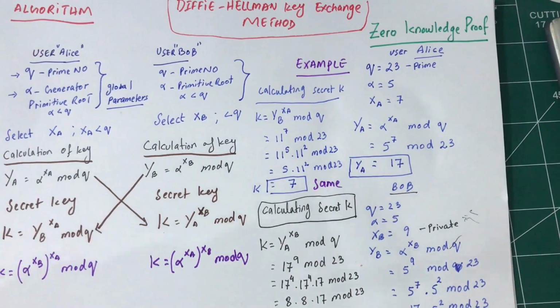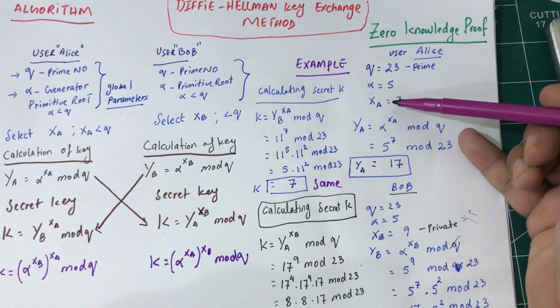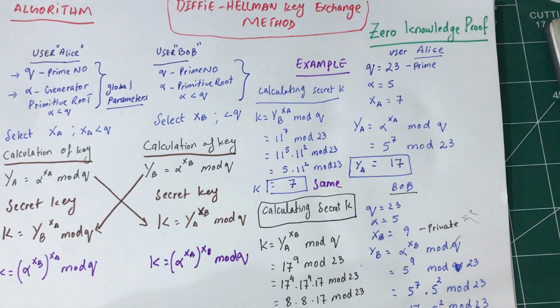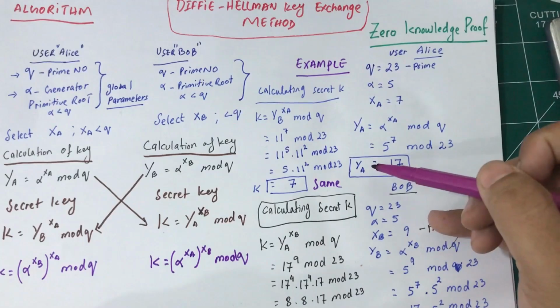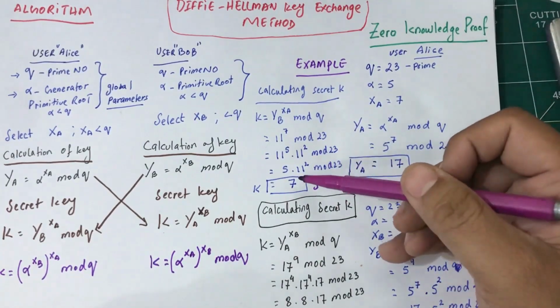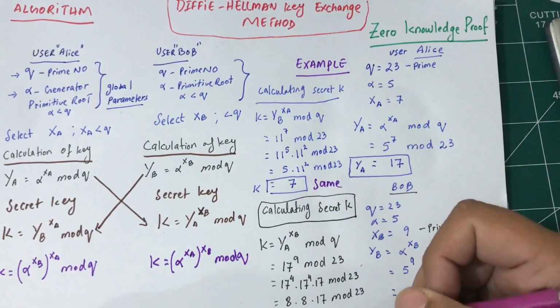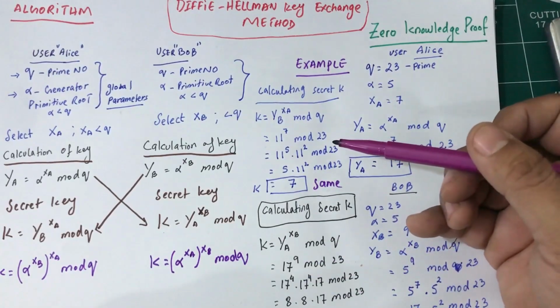I hope you guys are getting it. x of A is Alice's own private parameter, and x of B is Bob's private parameter. But without actually telling each other their private parameters, they just send a solution called YA and YB. Based on YA and YB, they have calculated a symmetric key which they can use to communicate.